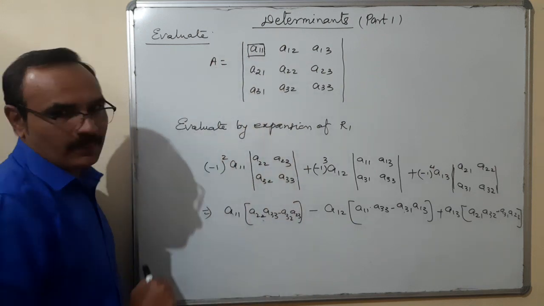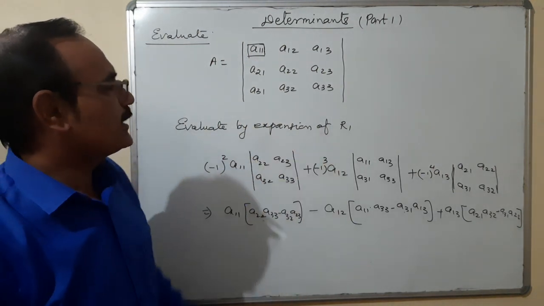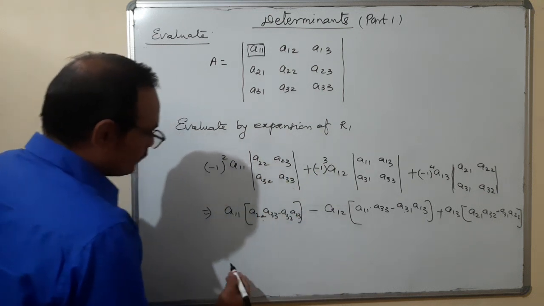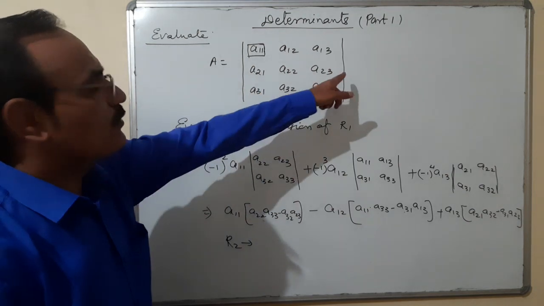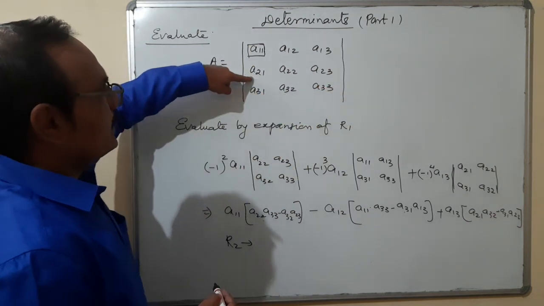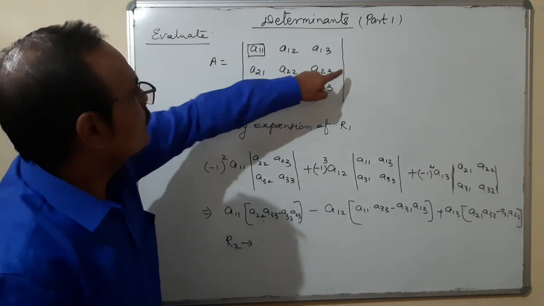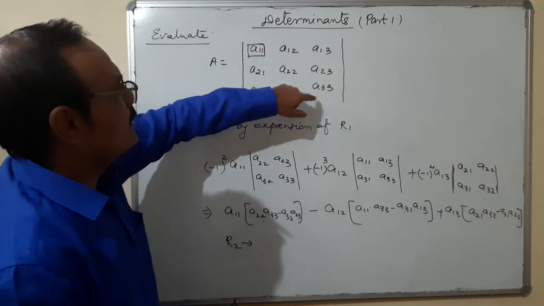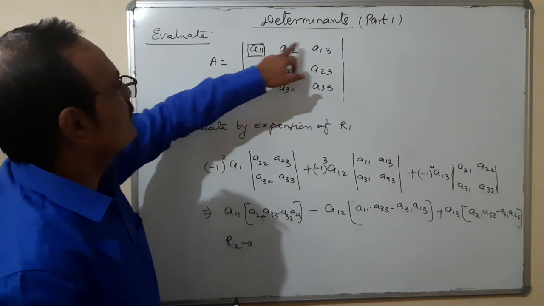That means here. So this is the expansion of R1. In the same way you can find the expansion of R2. When taking expansion of R2, we take row 2. First A21 with minus 1 to the power 3, leaving this row and column. After that A22, leaving its row and column.